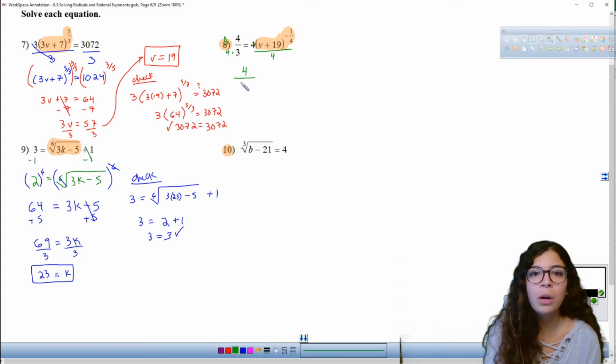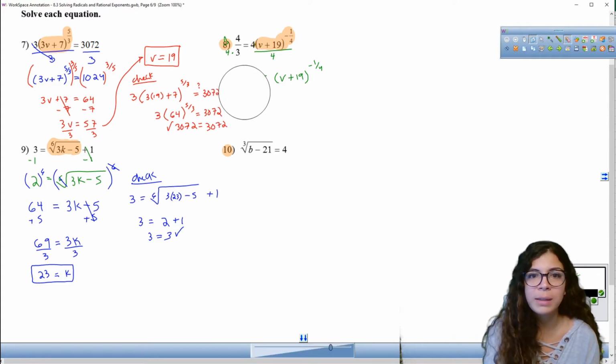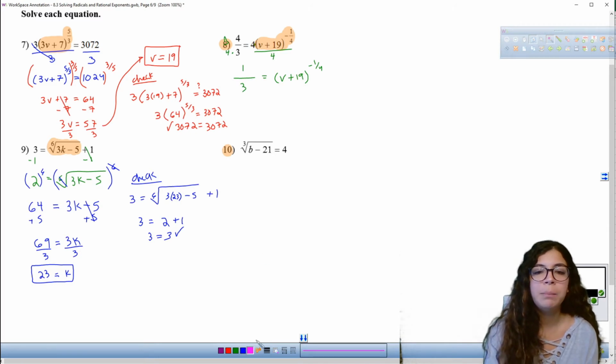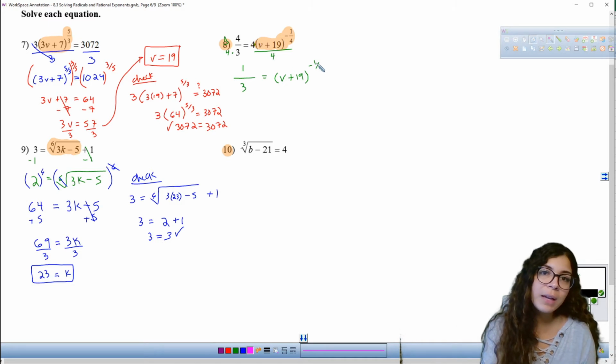So we end up with 4 over 12 equals v plus 19 to the power of negative 1/4. Now 4 over 12 does simplify, so I'll write that in its simplest form, which would be 1/3. Okay, and now we're ready to keep moving. Now, v plus 19 has the power of negative 1/4.